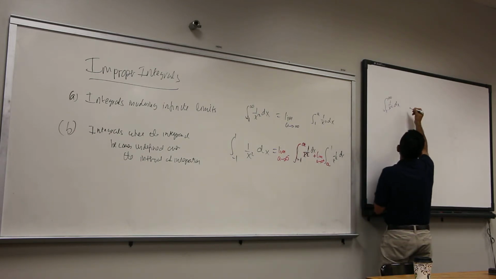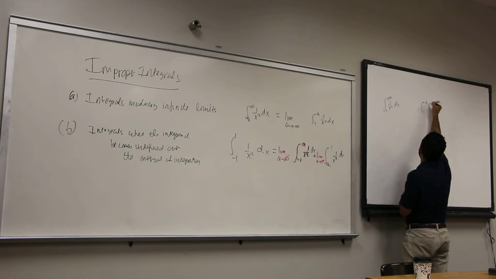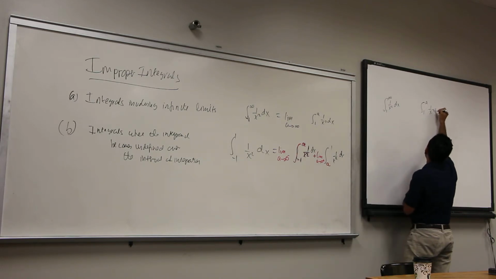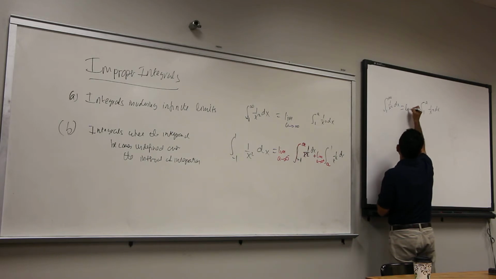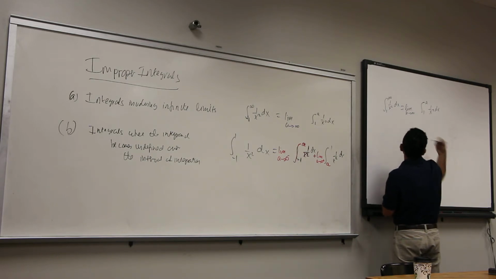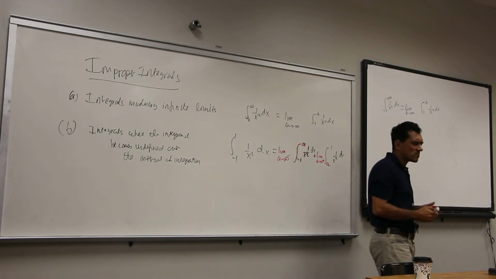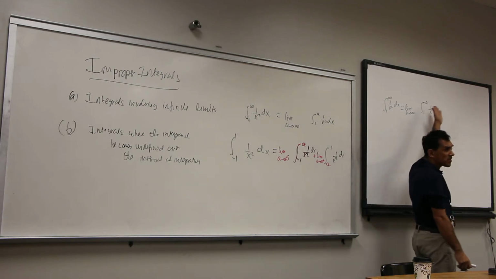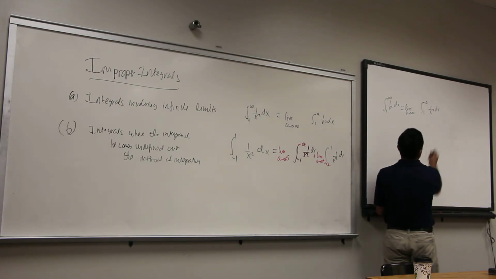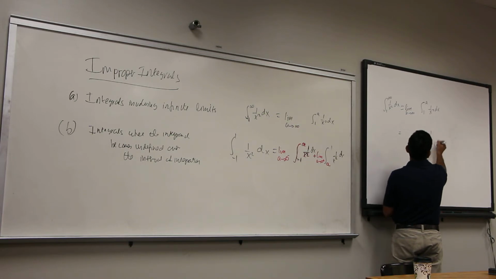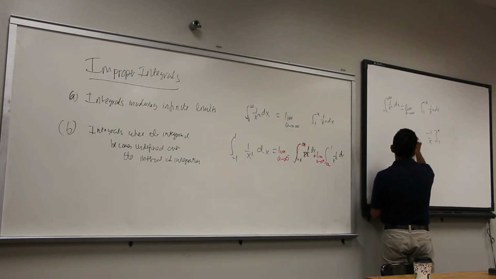Well, it's an improper integral, so you integrate up to some finite number a, and then you let a go to infinity. So this is just a calculus 1 problem. It's a function of a. Minus 1 over x. You evaluate it at a, you evaluate it at 1, and then you let a go to infinity.